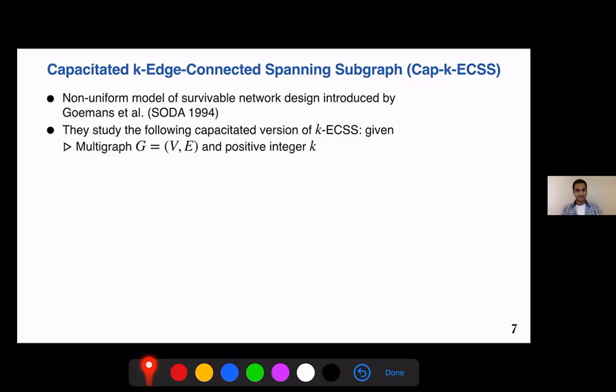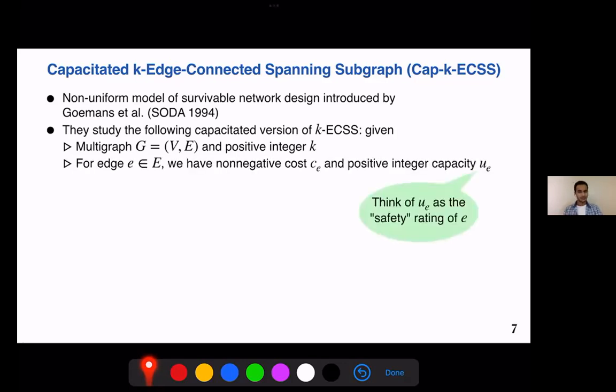Capacitated k-ECSS is simply the capacitated version of the well-known k-ECSS problem. Here we have a multigraph G and a positive integer k. Here k specifies the connectivity requirement. Each edge e has a non-negative cost c_e and a positive integer capacity u_e.